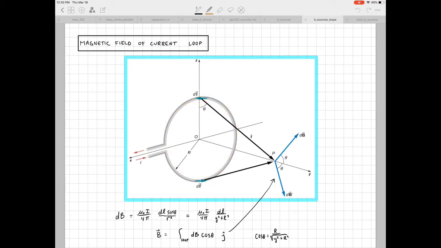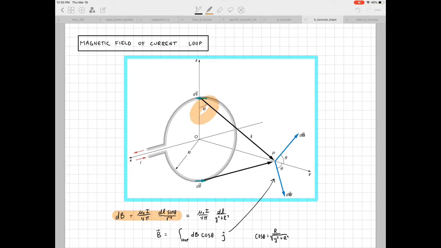So if you look here, I've got Biot-Savart written down, and I want to point out that the book kind of makes it hard on us because in the Biot-Savart definition, the sine theta that's listed here refers to the angle between dL and r, which turns out is not the angle that's in this picture.